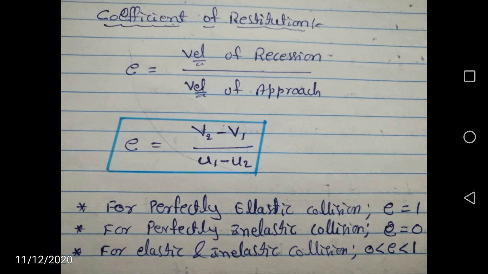Here u1 and u2 are the velocities of masses m1 and m2 before collision, and v1 and v2 are the velocities of the masses m1 and m2 after the collision. The difference between the velocities before collision is called the velocity of approach, and the difference between the velocities after the collision is called the velocity of recession.